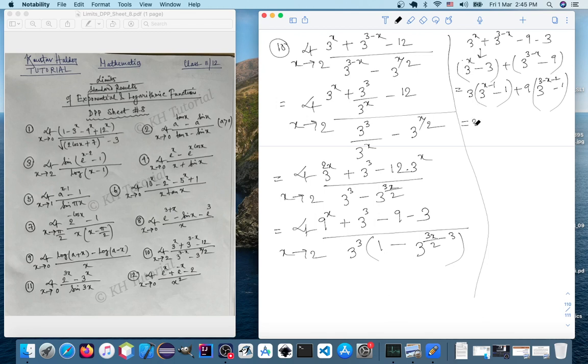So this is 3 to the power x minus 1, minus 1 plus 9 times this thing, which is 3 to the power 1 minus x, to the power 1 minus x minus 1, minus 3 to the power x by 2.